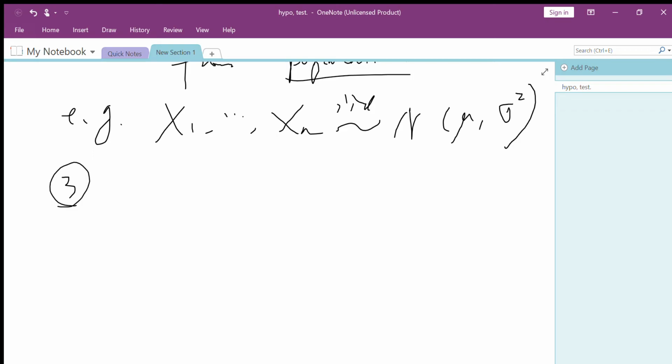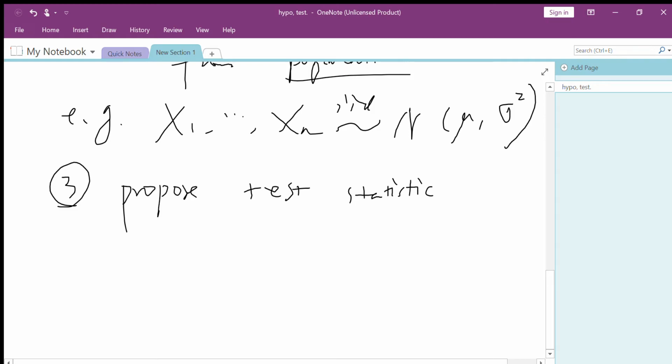But in our testing problem, after we establish hypothesis in the first step, and after we collect a random sample from population in the second step, our third step is to apply test statistic, or in other words, propose test statistic.